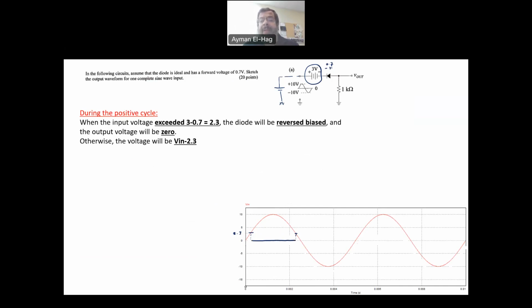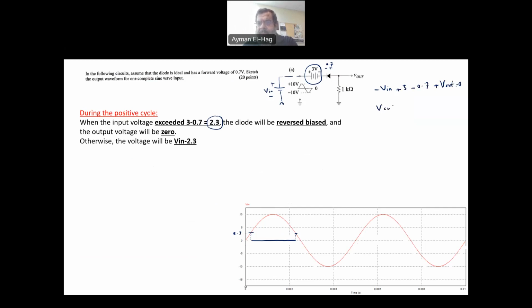What will happen if the voltage is less than 2.3? Then the diode will be forward biased because the battery now has enough voltage to forward bias the diode. And the output you need to find using KVL. So taking KVL: minus Vn plus 3 minus 0.7 plus Vout equals 0.